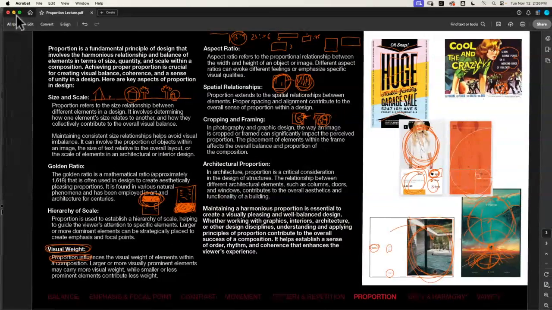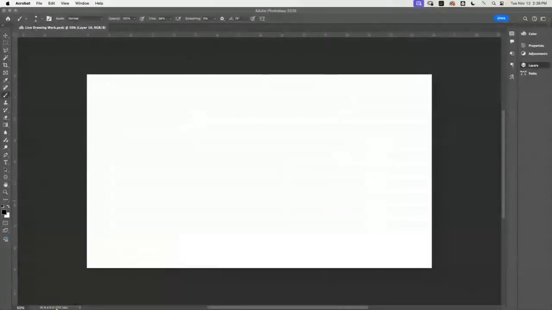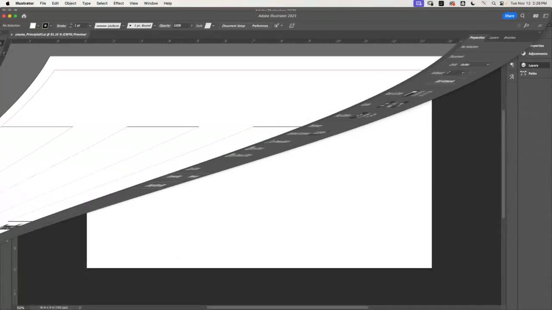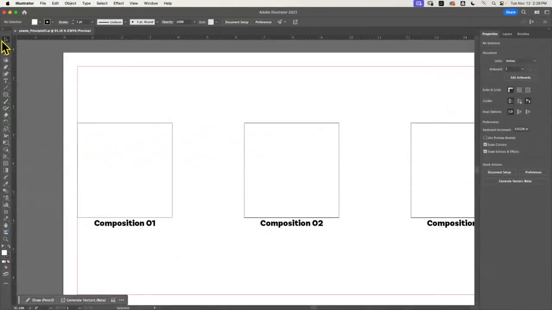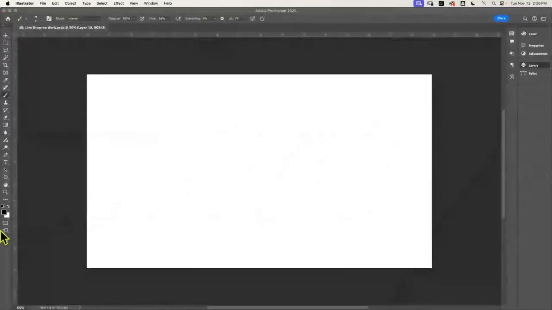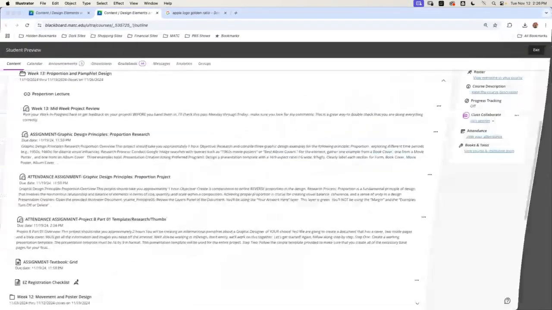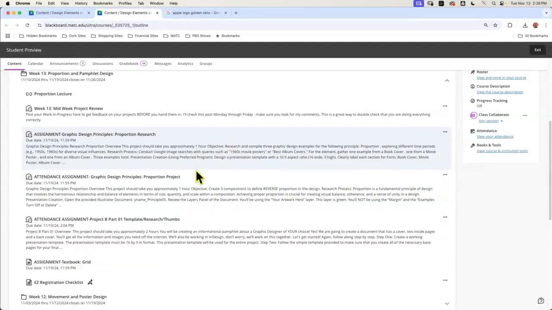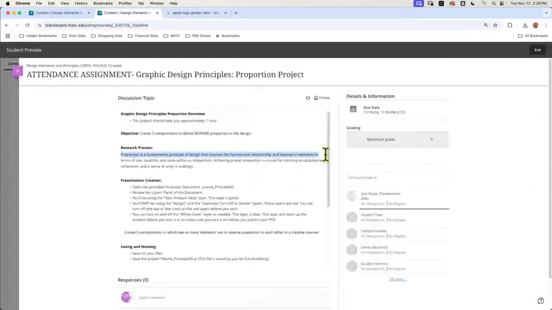Now, you know what to do for your proportion in your projects, but you need to come up with three. Oh, let me go to the reverse proportion. And what does that mean? All right.